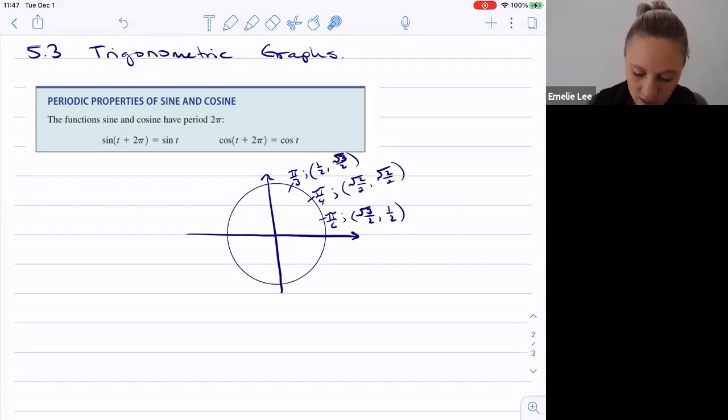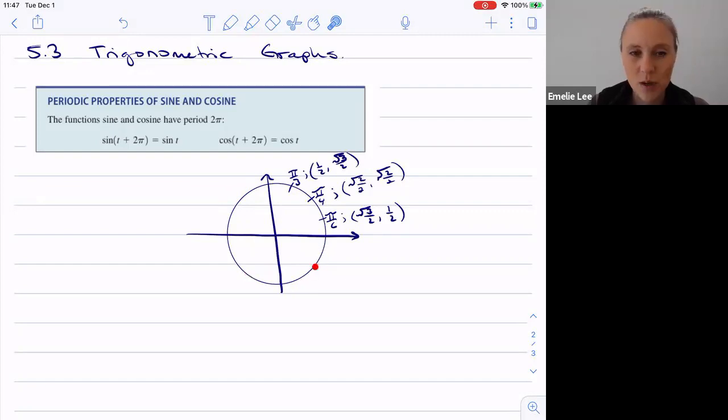And then, of course, each of these cutoff points, the quarter way marks: you start at (1, 0), (0, 1), (negative 1, 0), (0, negative 1). So we know all these points. But we also talked about moving through the graph. In the second quadrant, your x is negative and your y is positive. Third quadrant, your x is negative, your y is negative.